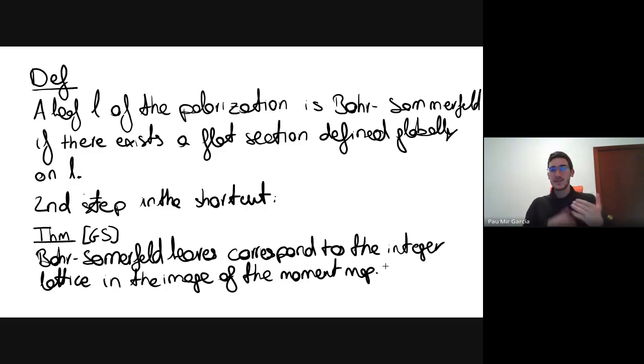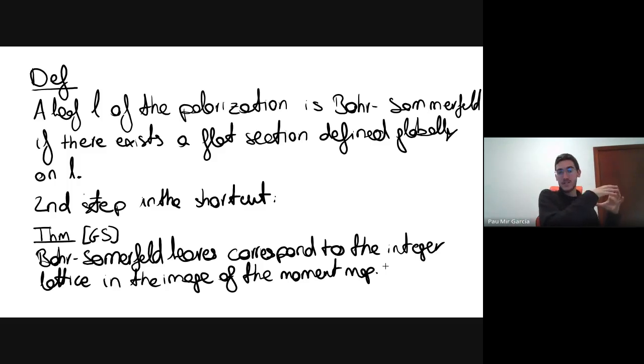This second step, together with Śniatycki's theorem, tells us how to compute the geometric quantization of a specific symplectic manifold. If you have a real polarization given by an integrable system which has a moment map, you can go to the moment map, look for the points which belong to the integer lattice, and each point in the moment map corresponds to a leaf of the original manifold.